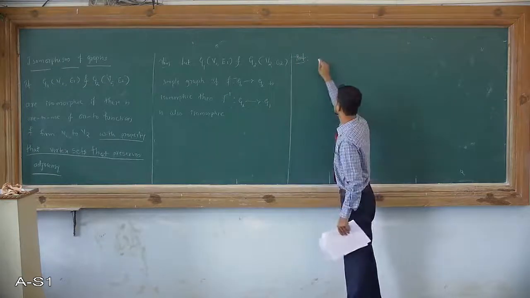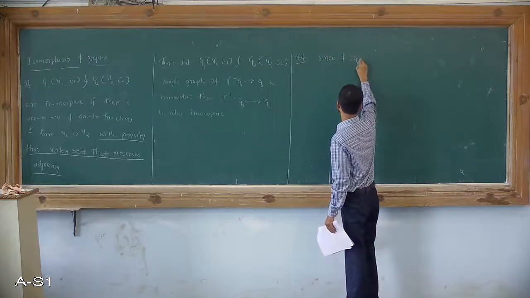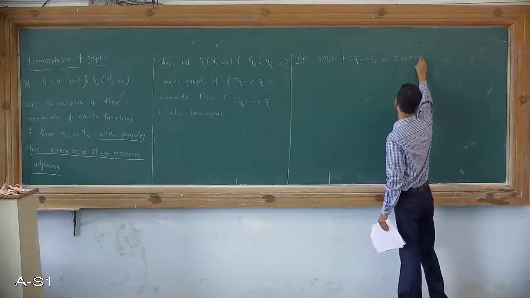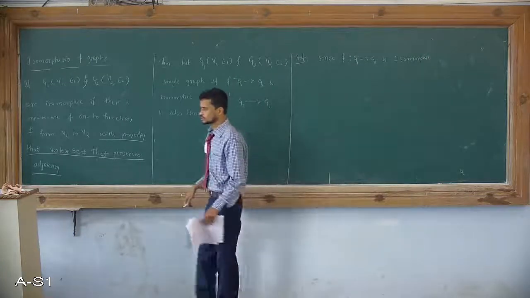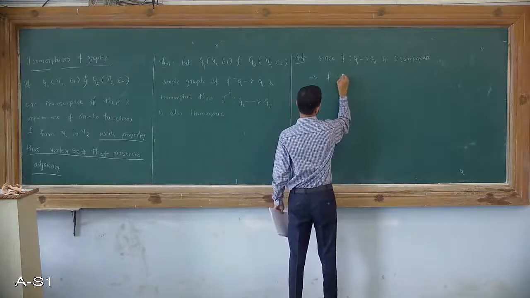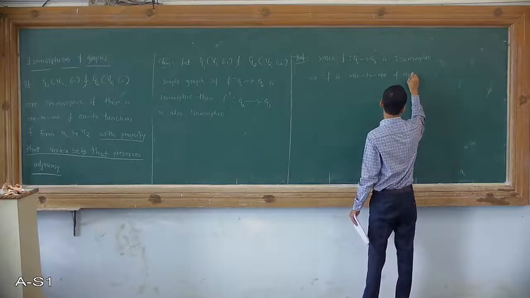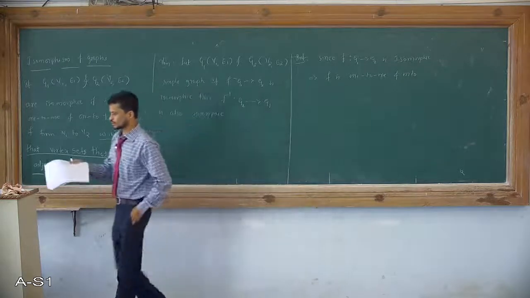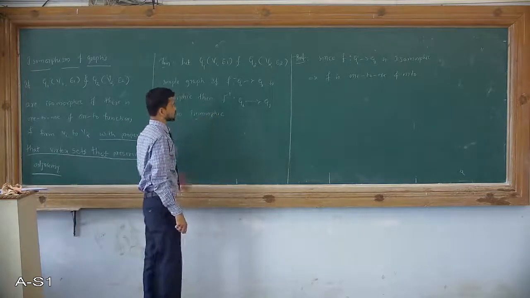Since f from G1 to G2 is isomorphic, because it is given that f from G1 to G2 is isomorphic, which implies f is 1-to-1 and onto. So what we need to prove? We need to prove f inverse is also isomorphic.